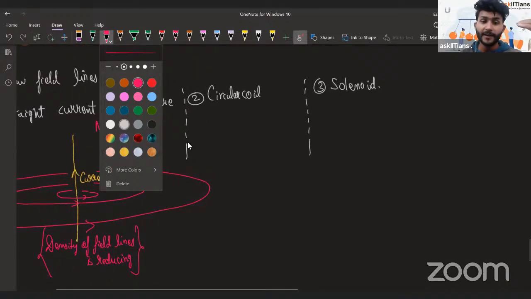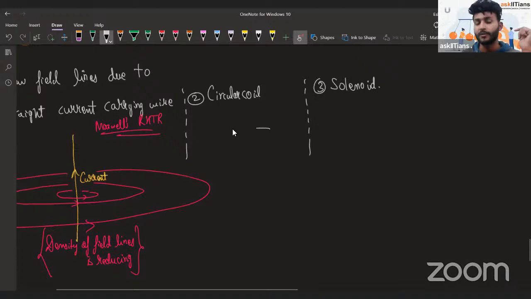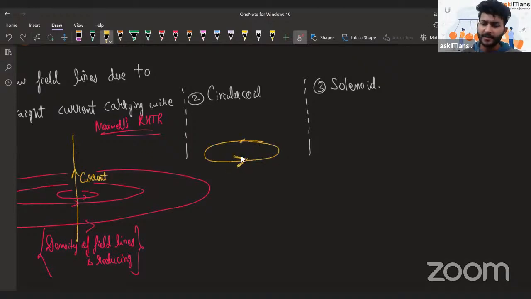Next question could be to draw the magnetic field due to a circular coil. You're going to draw the circular coil like this. There are two ways in which you can draw it. Both are given in NCERT, and you can follow any of them. You can draw it like this also. This is the current that we are drawing. So what would the magnetic field lines look like?